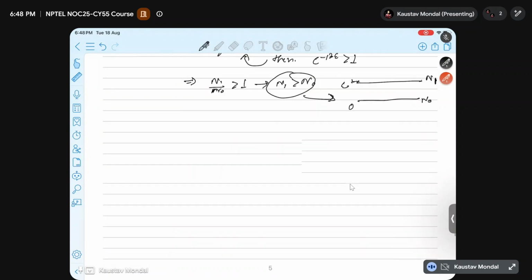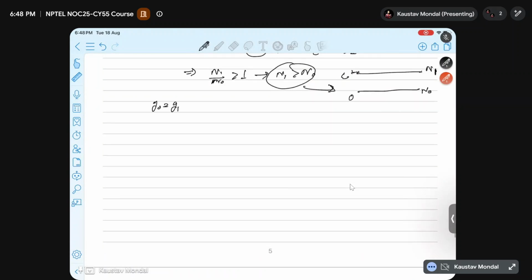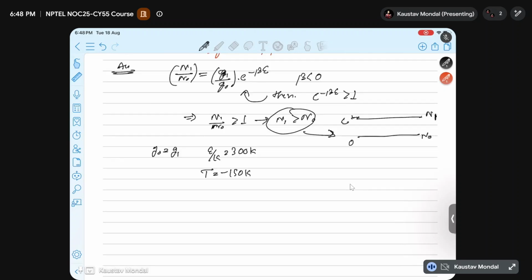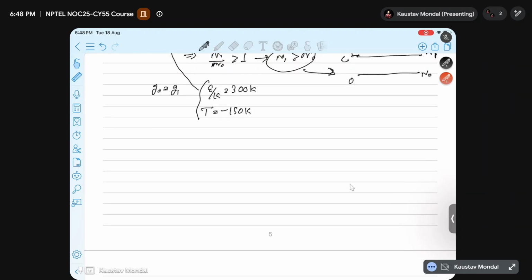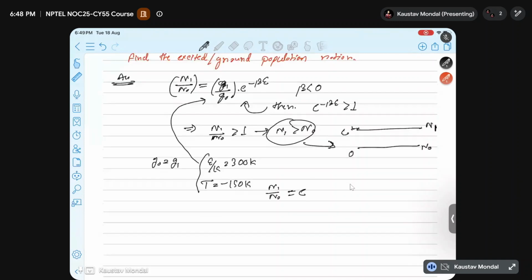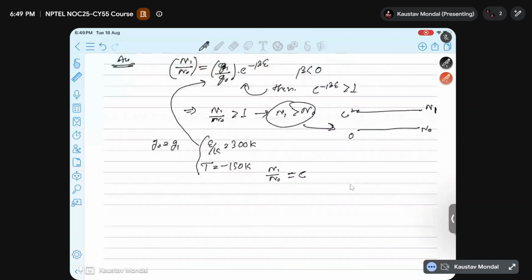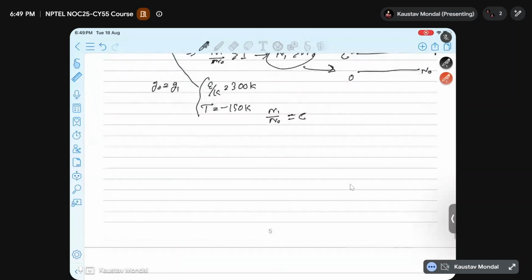Let's suppose g0 is equal to g1, let's suppose this epsilon by k is 300 Kelvin and the temperature is minus 150 Kelvin. If you put this information here, you will get n1 by n0 equal to e to the power minus 300 by minus 150, right?